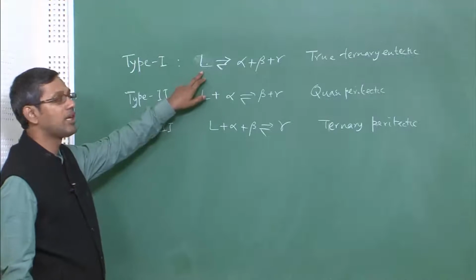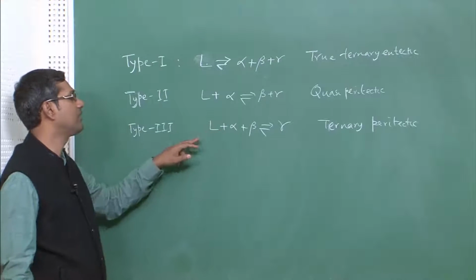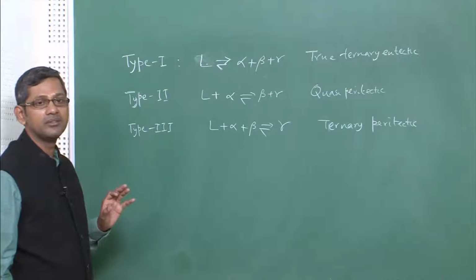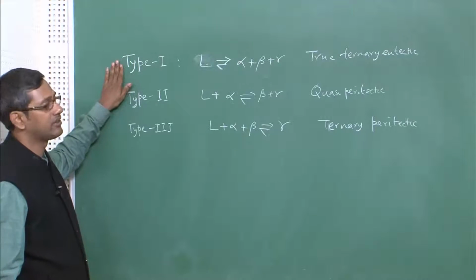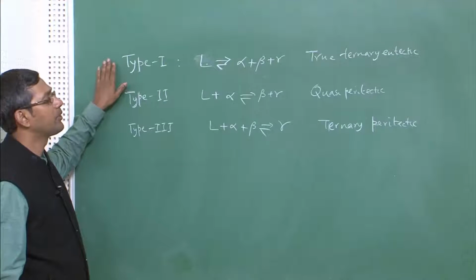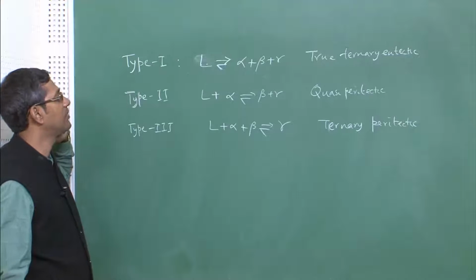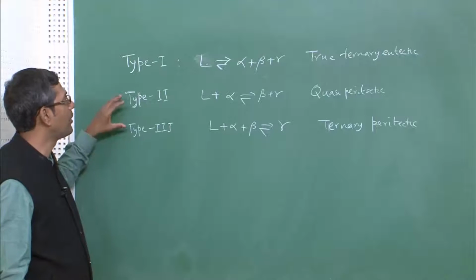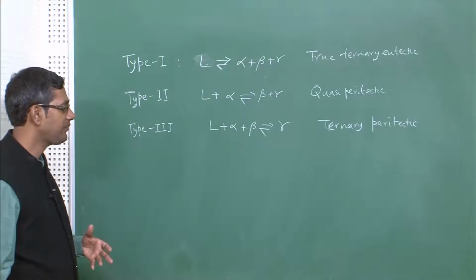Type 1, true ternary eutectic, type 2, quasi peritectic, type 3, ternary peritectic. For the sake of this course, I am going to discuss mostly the ternary eutectic, because that is observed and found in many systems, but I will not discuss these 2 in detail, but I will inform you in one of the lectures how the phase diagram will change, correct.